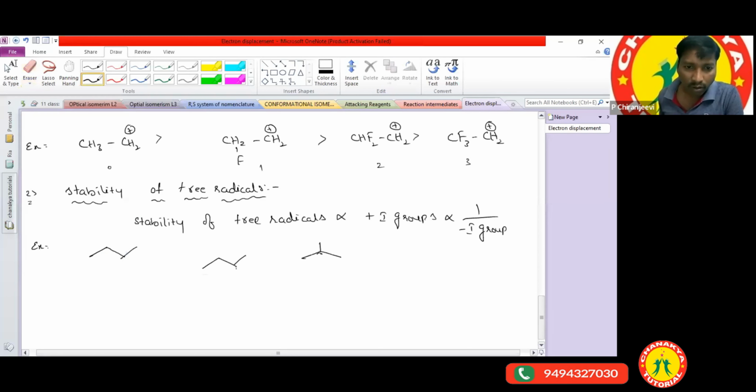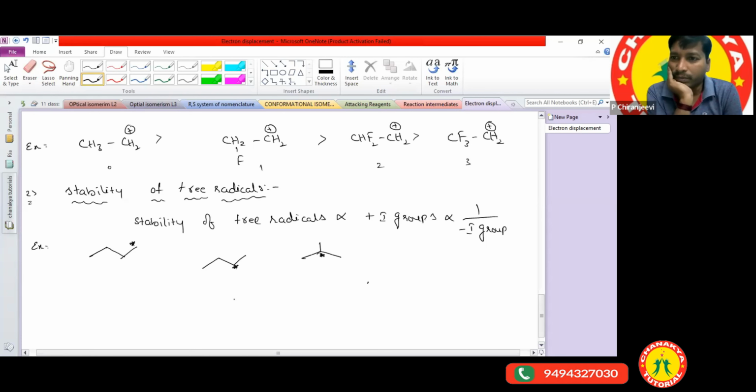Here also we can write a dot, and here also one dot, and here we are placing one dot. Now, in this one my question is, which one is the more stable? I had given three line structures. Which one is the more stable?